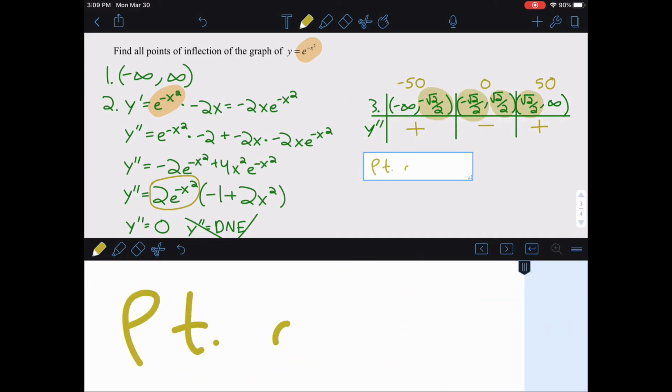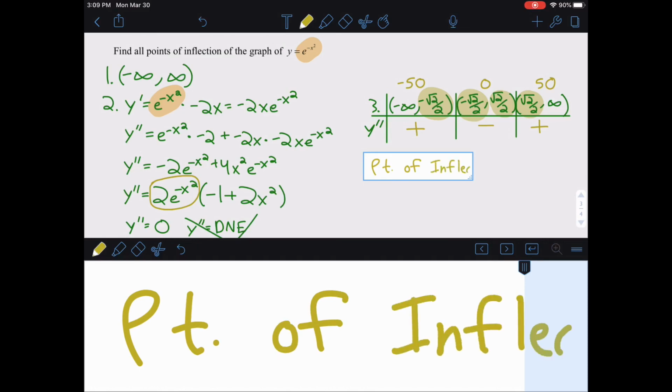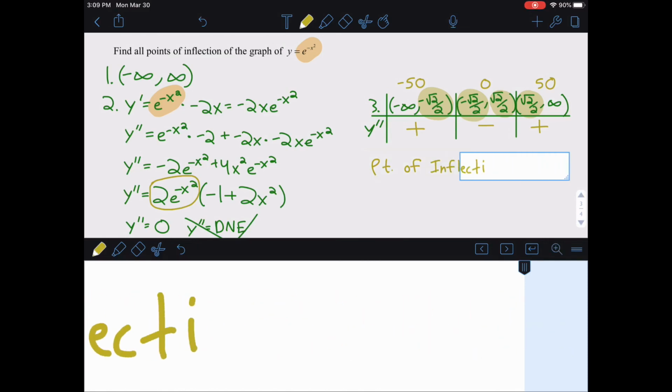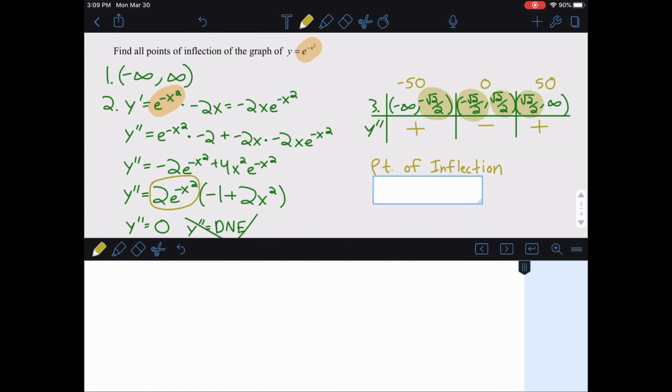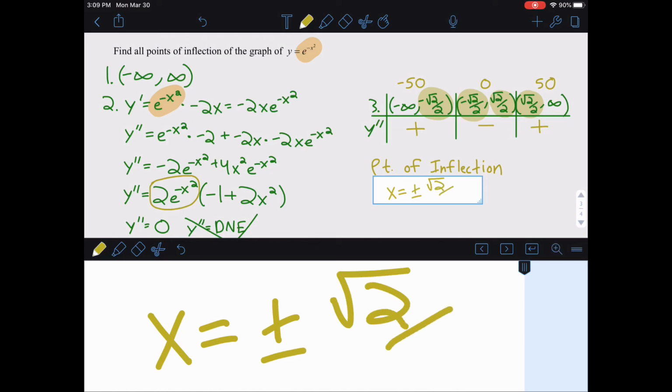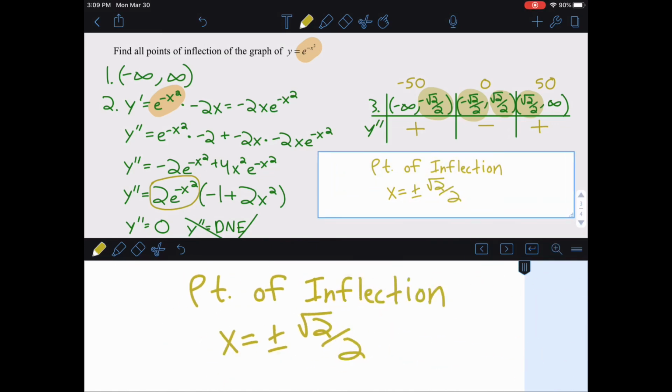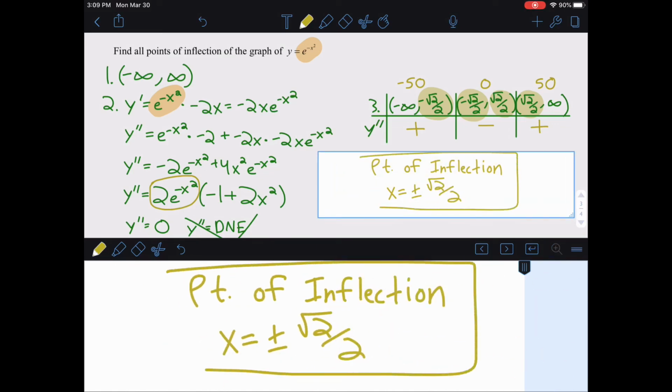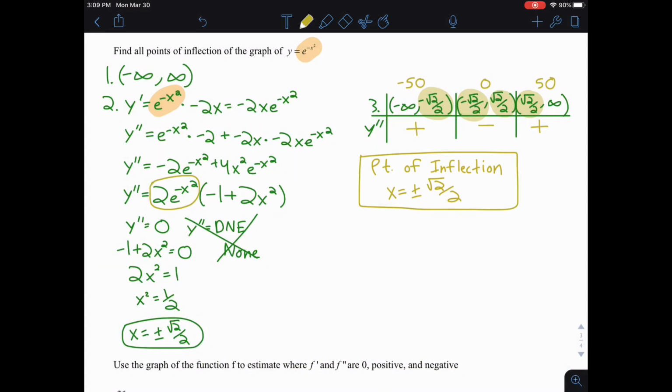So I have a point of inflection at x equals plus or minus root 2 over 2. Both of those gave me points of inflection. It's all about where the concavity changes signs. That's the main thing you want to focus on here.